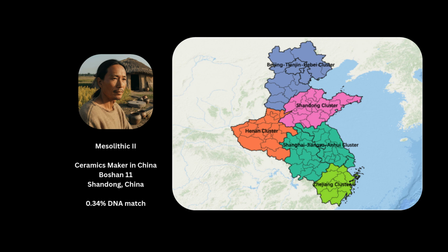Middle Neolithic cultures like the Dawenkou culture inherited roughly 40% of their ancestry from early Shandong hunter-gatherers like Boshan 11. Through them, this ancestry was carried further north, contributing to the genetic formation of the famous Hongshan culture in northeast China.